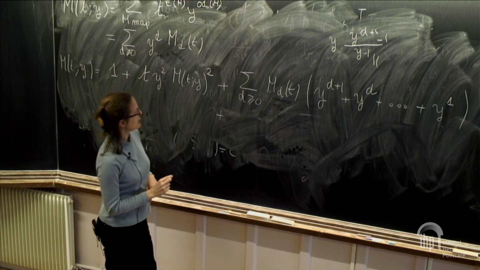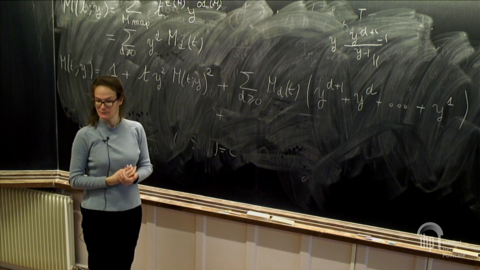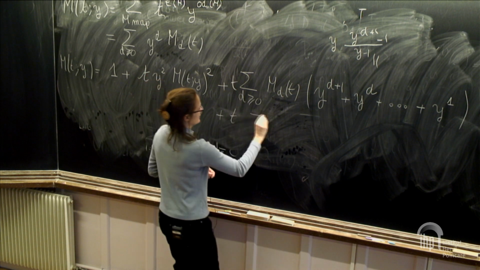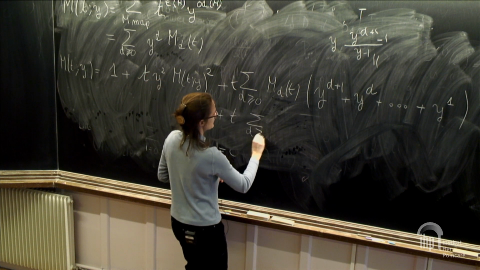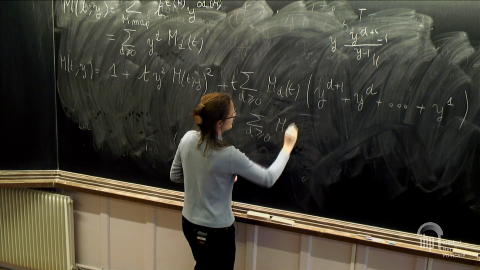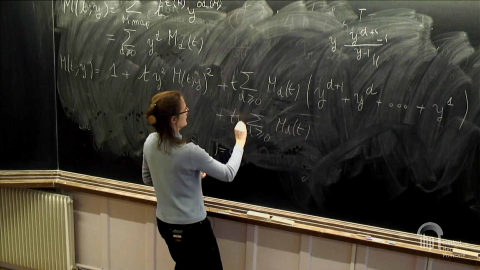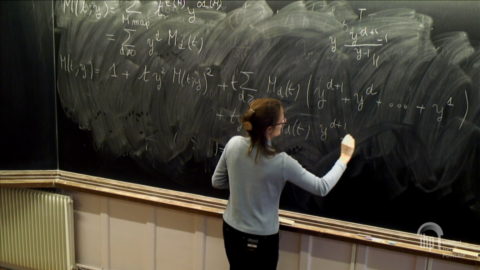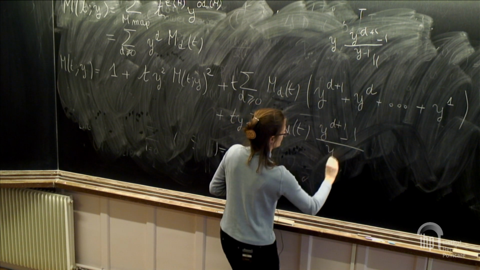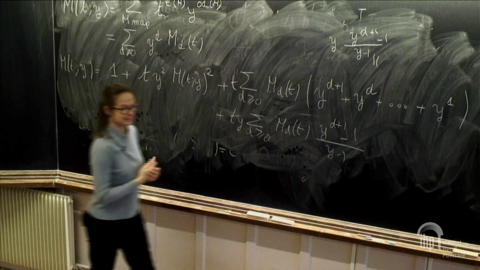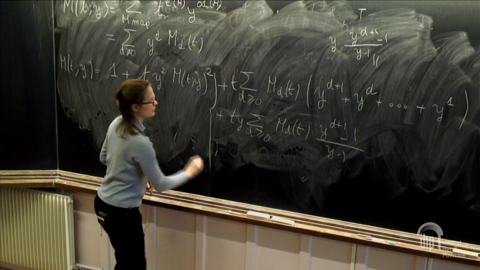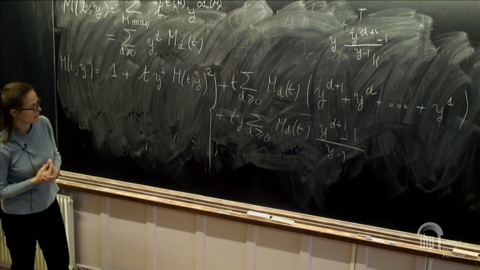You should have complained, I forgot one term here: T, thank you. So it's the sum over all these of M_d of t, then there's this factor y, and then y^(d+1) minus 1 over y minus 1. I'm just copying the third term in my equation.